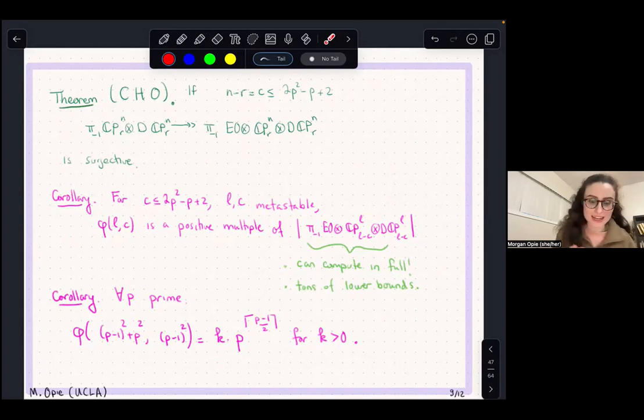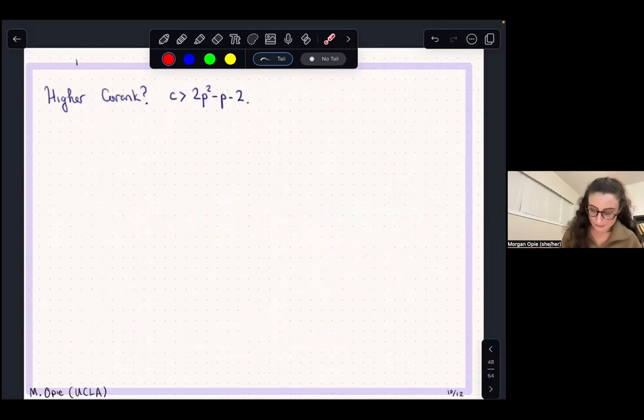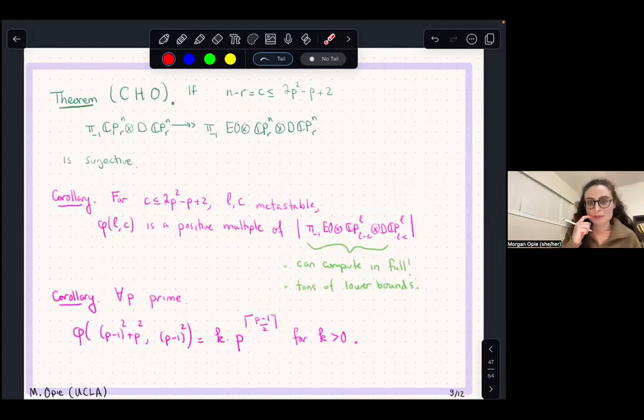You need to make that into an integer, which of course only applies at p equals 2 for all k greater than 0. So there's tons of bundles here. We have no idea what they look like, but we know that they exist because we can compute this group in this example. Any questions about that before I move on?